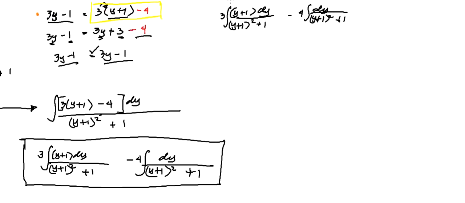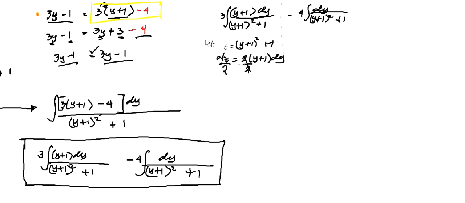So we have this side here. We use the change of variable when we let z be equal to this whole denominator, (y plus 1) squared plus 1, and then we have dz equal to 2(y plus 1) dy, and then we divide both sides by 2.